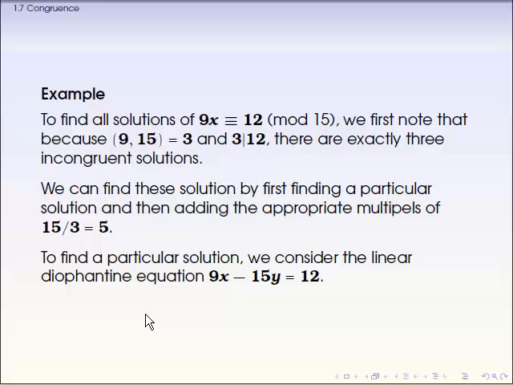To find the particular solution, we consider the linear Diophantine equation, which comes from this equation: 9x minus 15y is going to be the same as 12. Okay, just follow me.